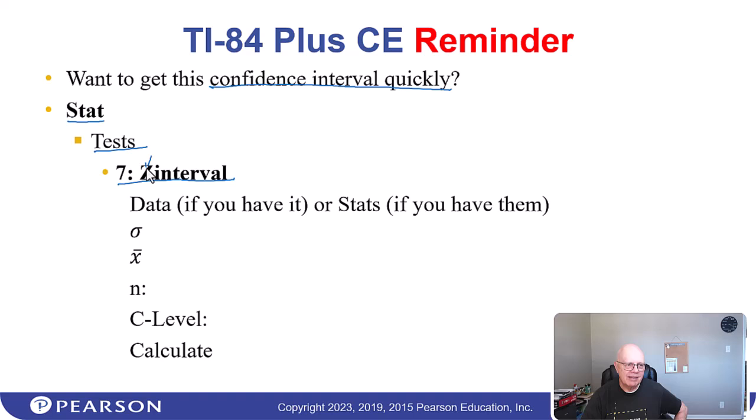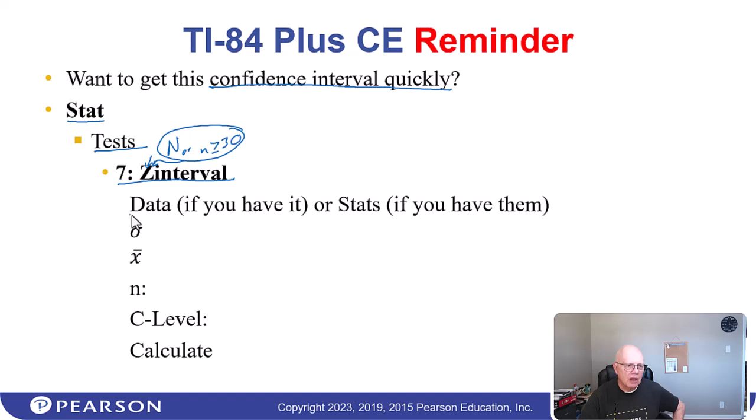As long as z is good, to use z, you have to have one of two things. Either your distribution is normal or your sample size is at least 30. Either of those, and you can use the z interval.